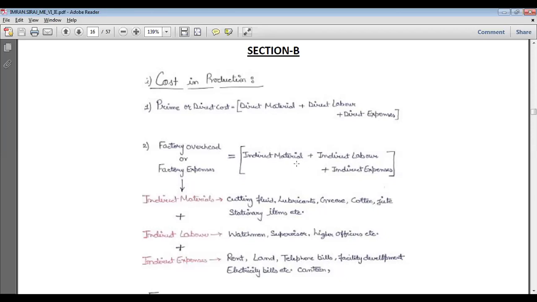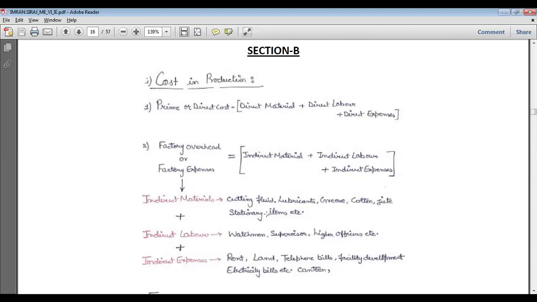Indirect materials are cutting fluid, lubricants, grease, cotton, jute, stationery, and other items, etc. These are indirect materials that are used for the production of this product.